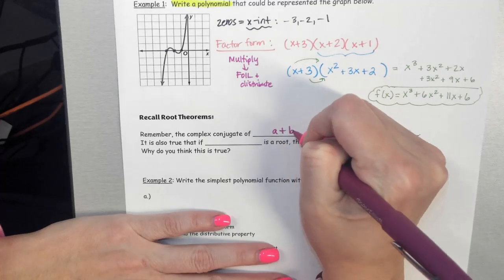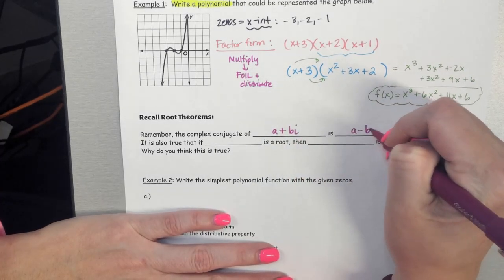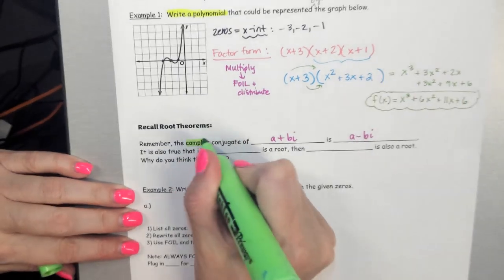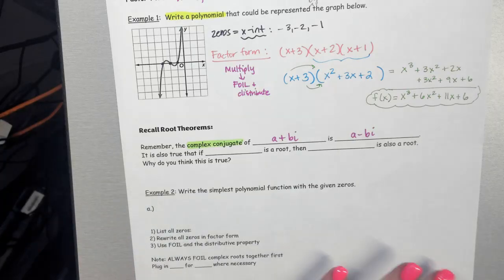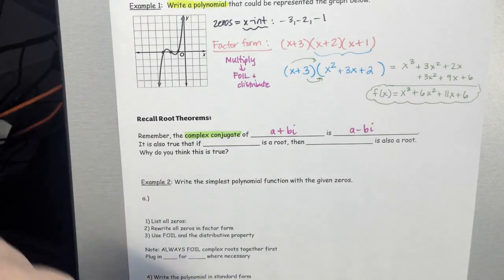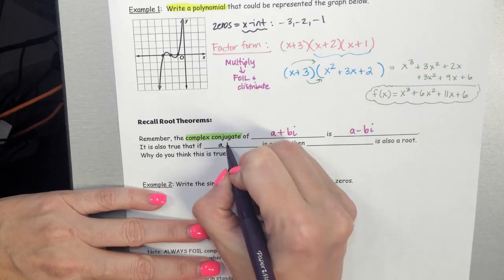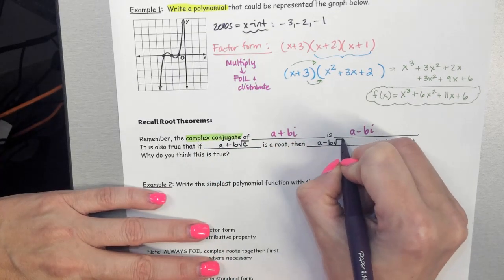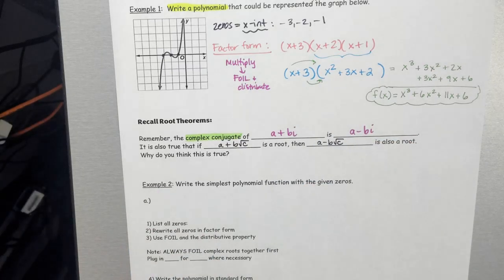So if you have a plus bi, the complex conjugate is a minus bi. And then the conjugate, when you have a radical, if you have a plus b root c, then a minus b root c is also a root.